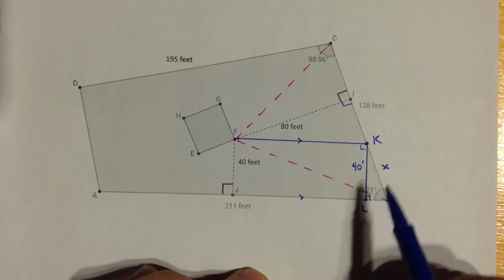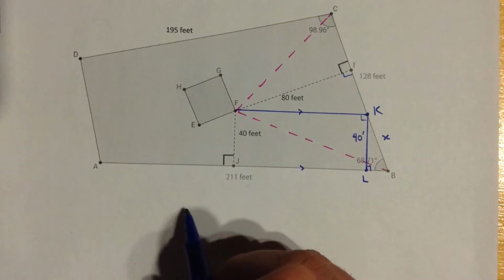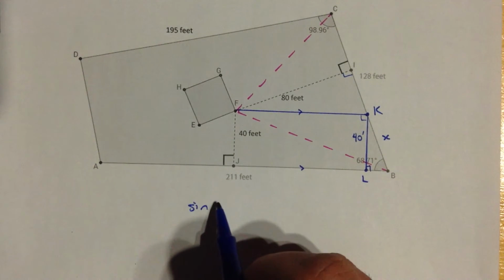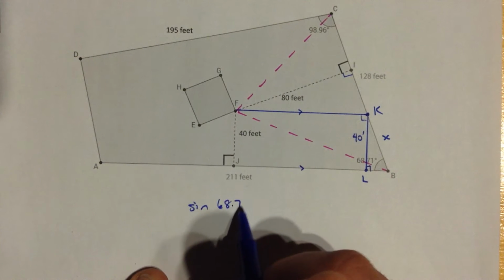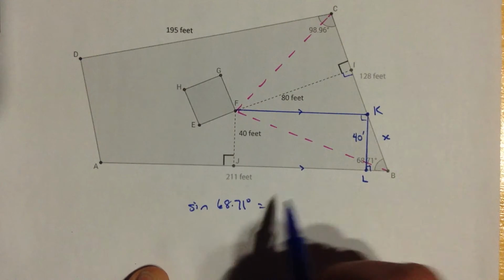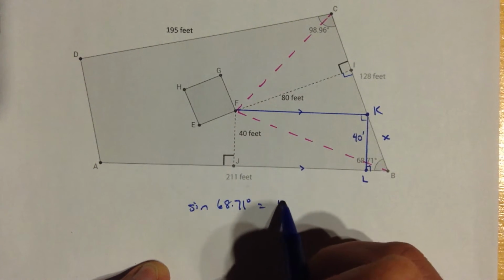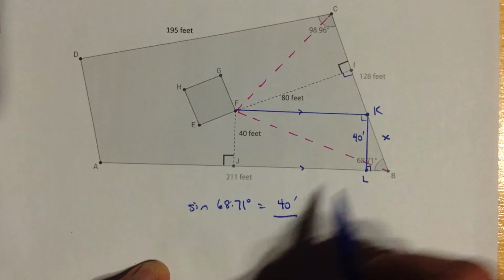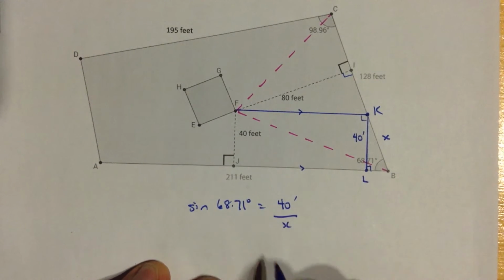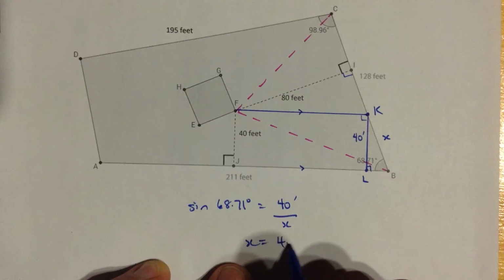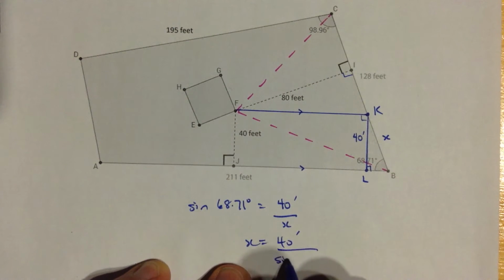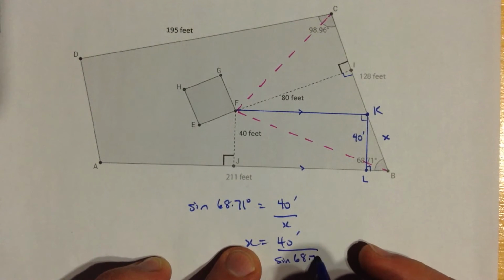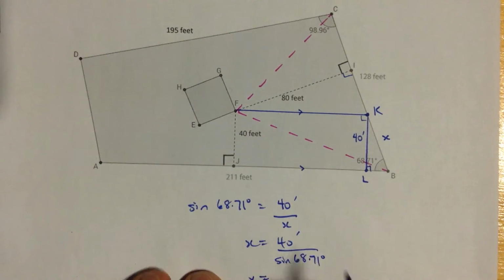Sine is opposite over hypotenuse. So let's write this down. Sine of B, which is 68.71 degrees, is equal to the opposite length, 40 feet, divided by the hypotenuse length, which is X. So a quick solution here, I'm going to just rearrange this.